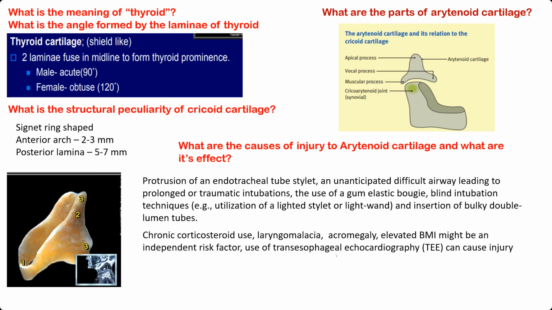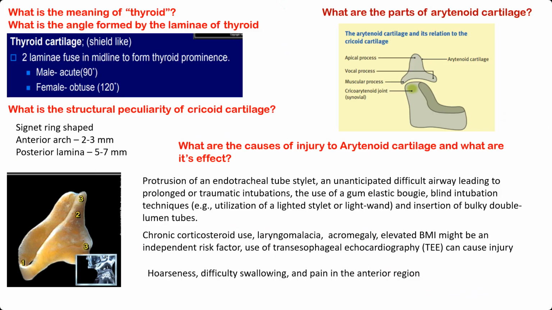And when you use transesophageal echocardiography, there again you have to be very, very gentle not to injure the arytenoid cartilage, because this is more bound to happen when you use a larger scope like a transesophageal echocardiography. And the clinical effects will be that the patient will develop hoarseness of voice, or they may have difficulty in swallowing, and they will have pain in the anterior region of the neck.